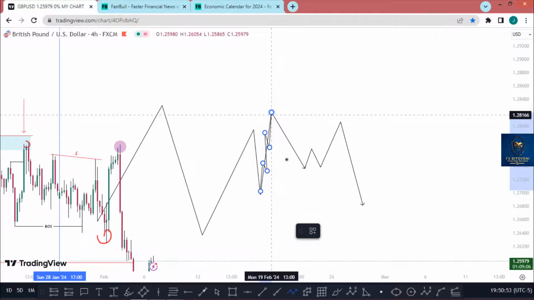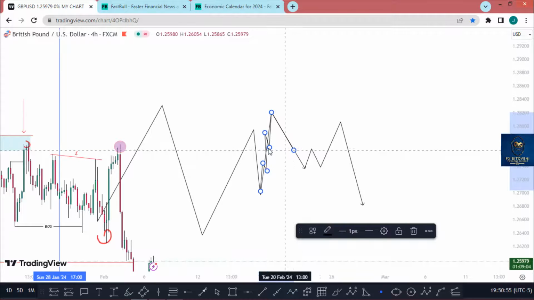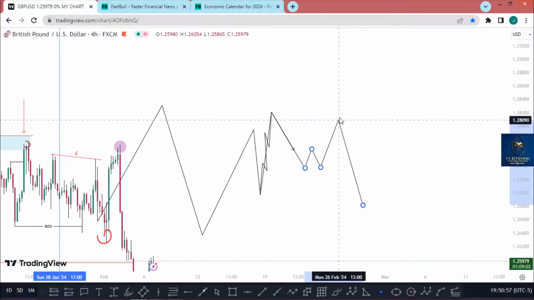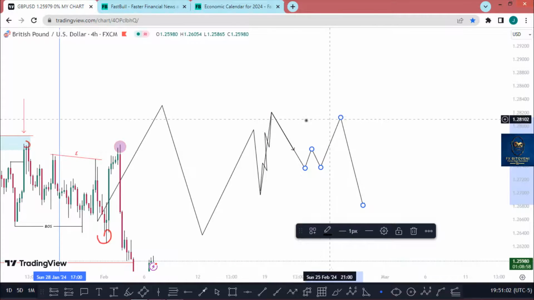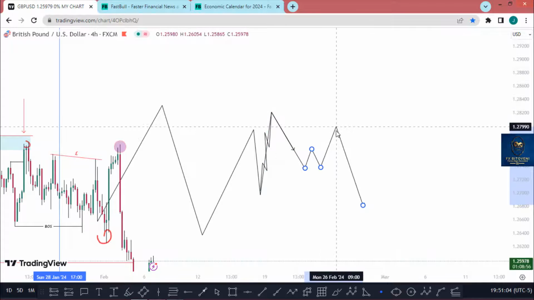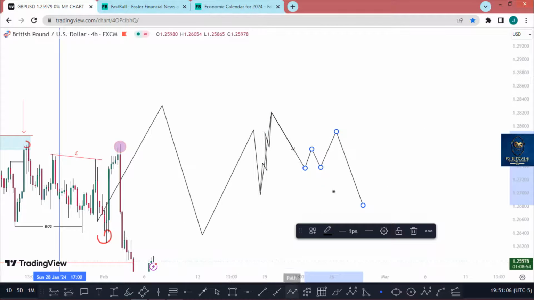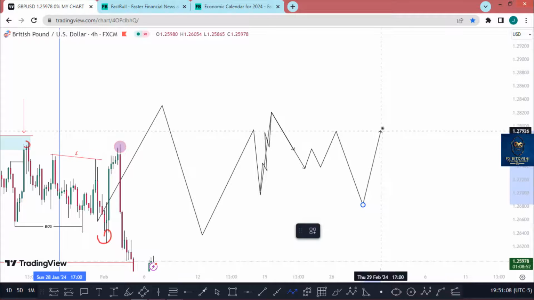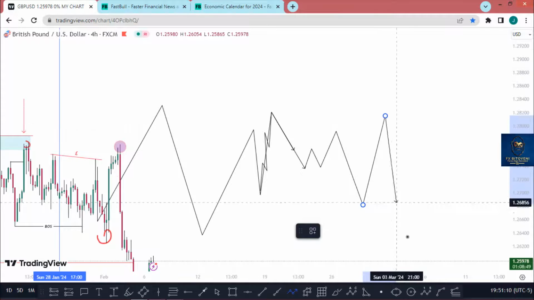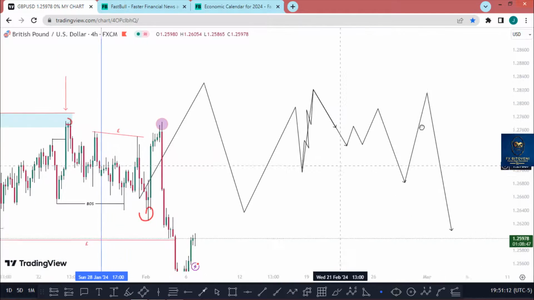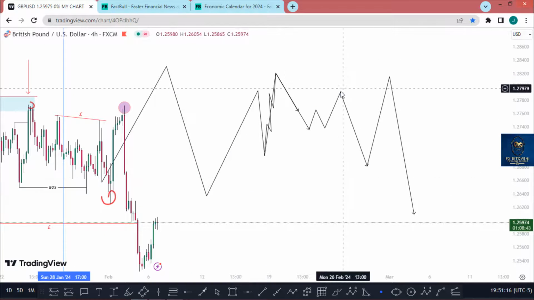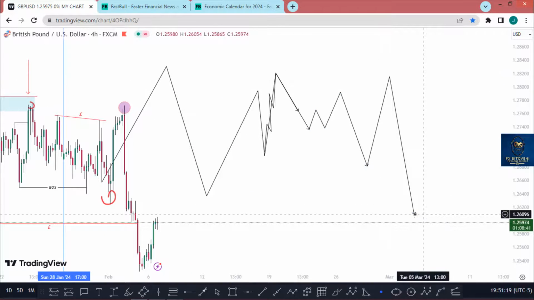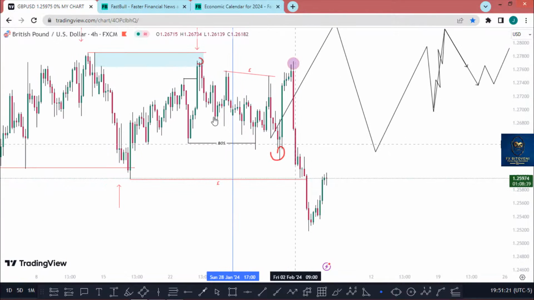Then you get a small break of structure, then a pullback here, then the market goes down. And then if this level is not fully mitigated, something like this may happen again. See, and this is the same thing you have here, guys. It will be creating another liquidity to be taken, and then price falls down.